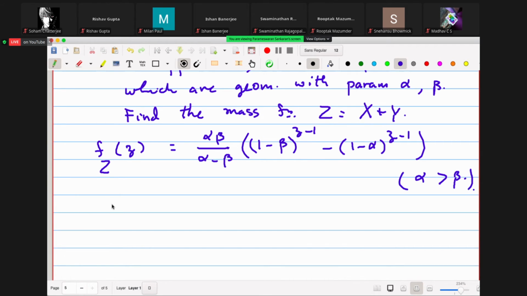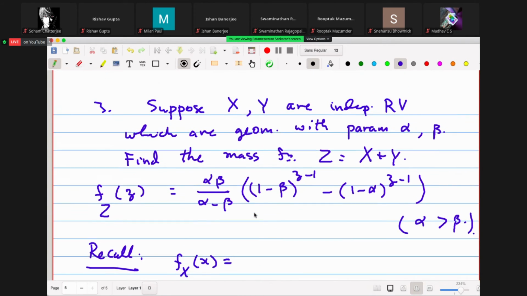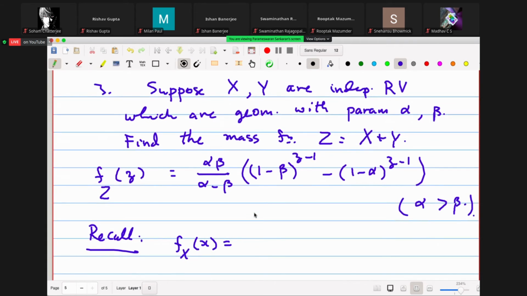Given this, recall what this geometric distribution is. So f_X(x) is equal to, there's a parameter alpha, no? So alpha is the probability of success.